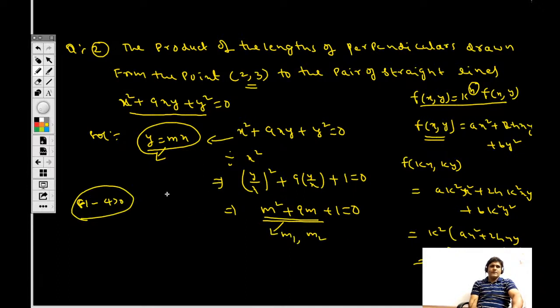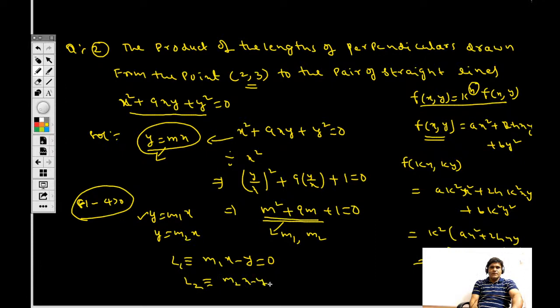Therefore it represents two lines, because with slope m1 you will have one line, m1x, with slope m2 you will have another line, m2x. So let the lines be: first line L1 is m1x minus y equal to 0, and second line L2 is m2x minus y equal to 0.